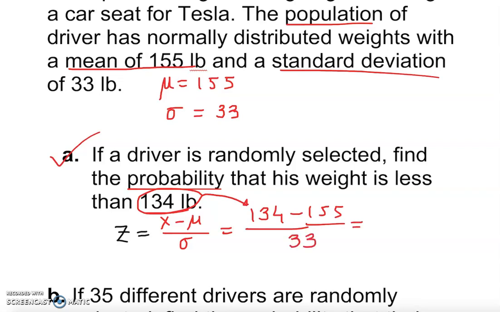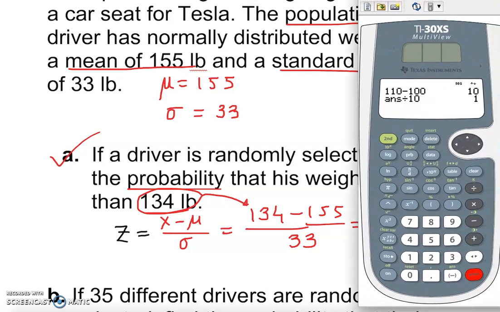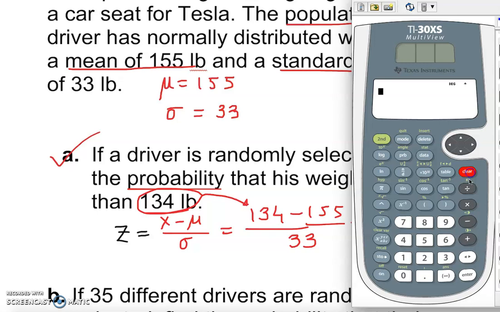Now we can use our little itty-bitty calculator, right? So clear it, and I can use this one, which is always safe. 134 minus 155, and you go down here, of course 33, enter.